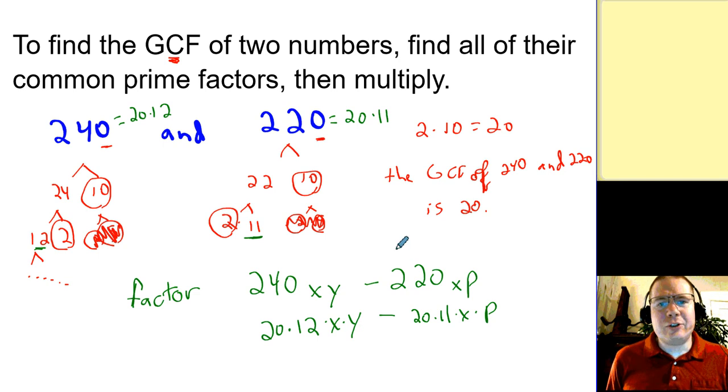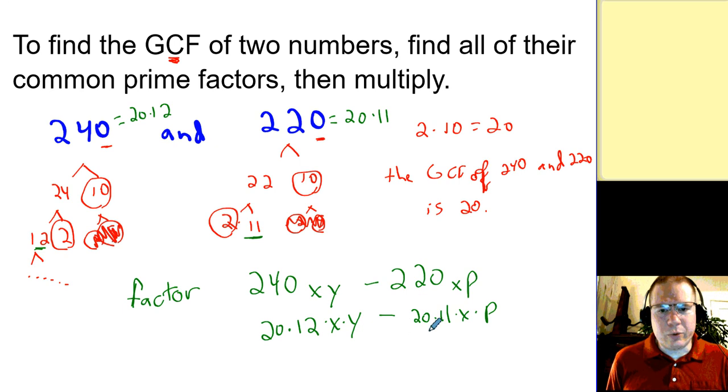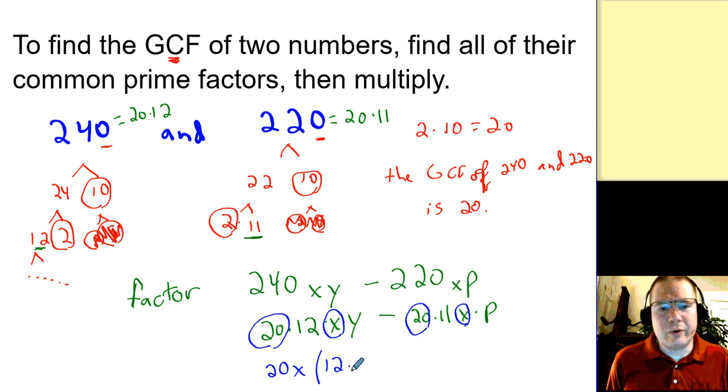So what factors do they have in common? They have a 20 in common. I can factor that out. They also have an x in common. This term is 20 times x times 12 times y.